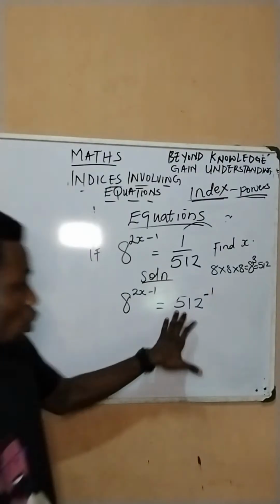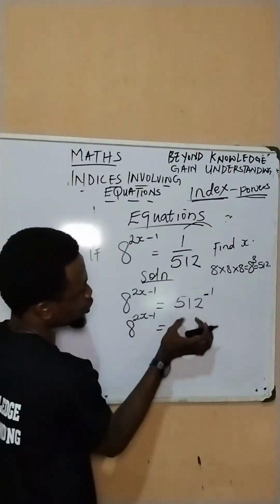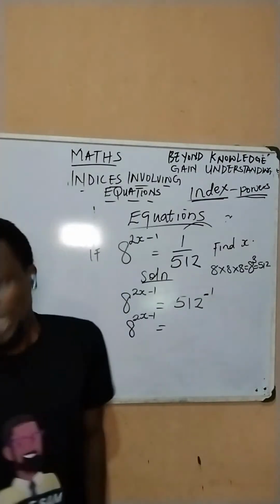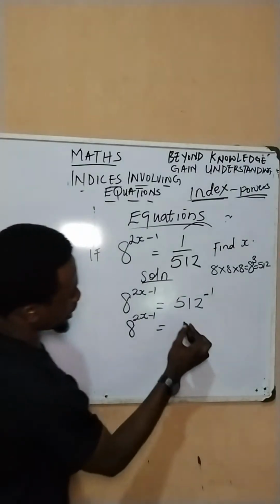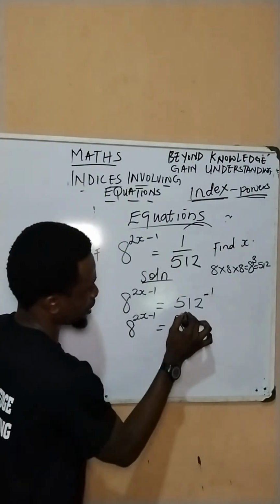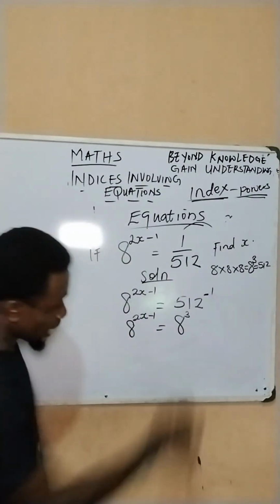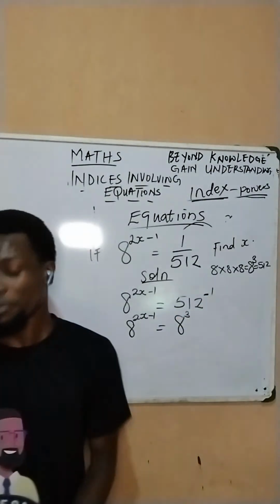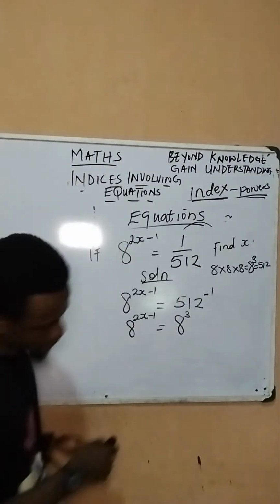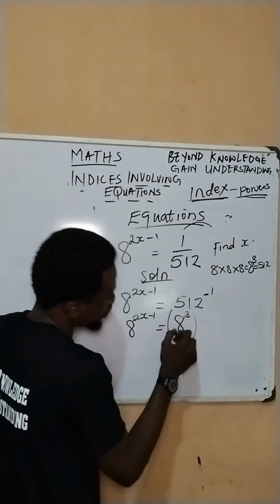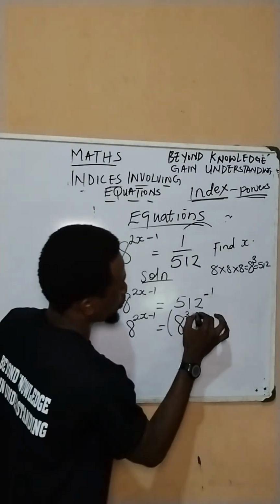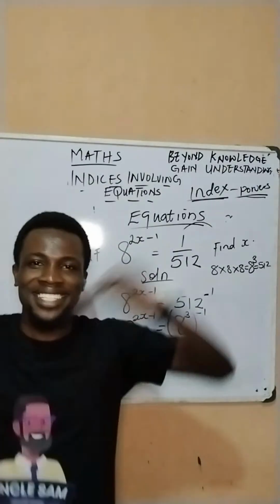So I can first of all switch this 512 to become 8 raised to the power of 3. So what I'm going to have here is 8 raised to the power of 3. Then there is still an external power of negative 1, so I'm going to bring that into play as well. So if you close up this bracket and you have your negative 1. Yay!